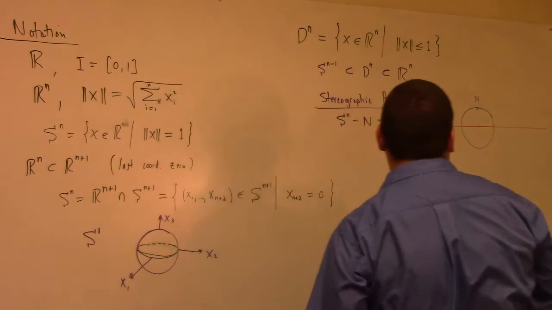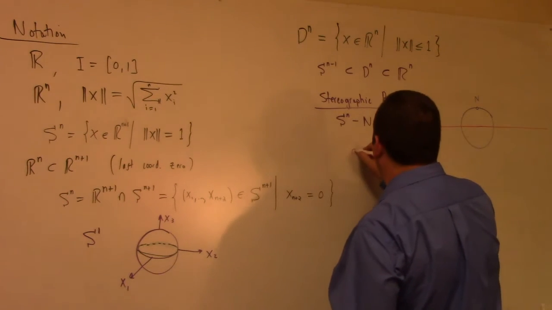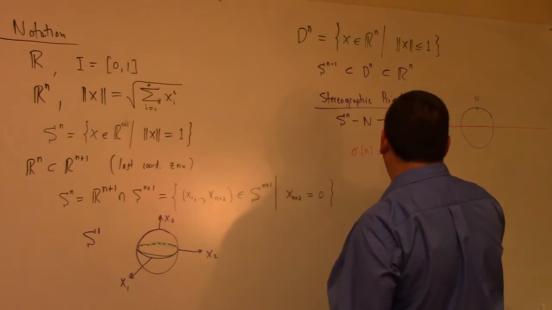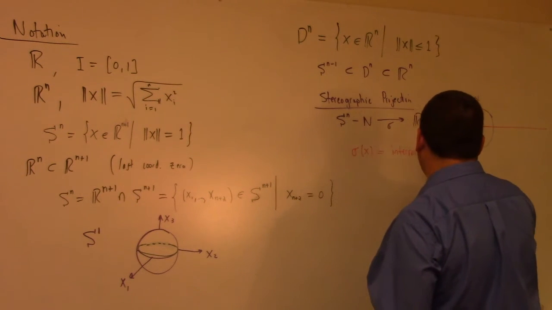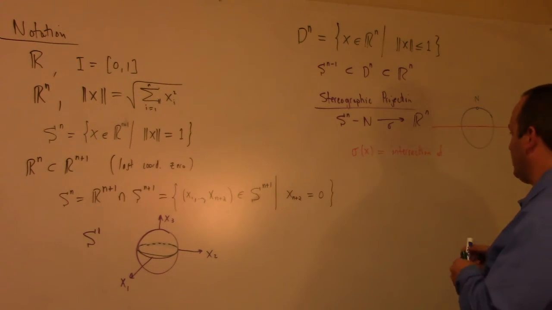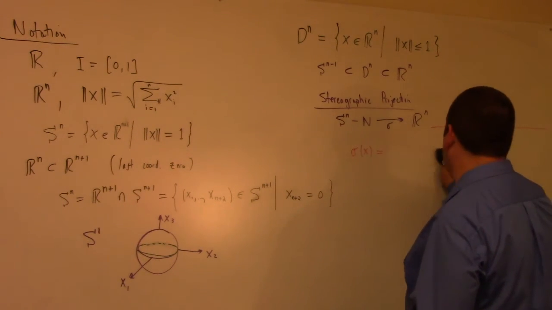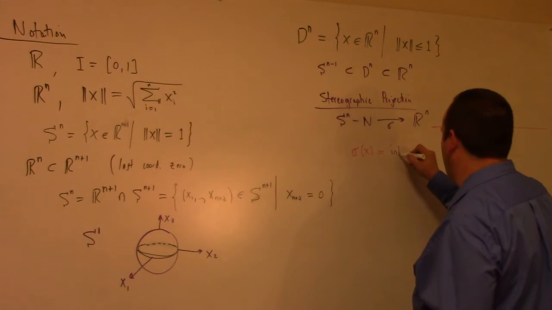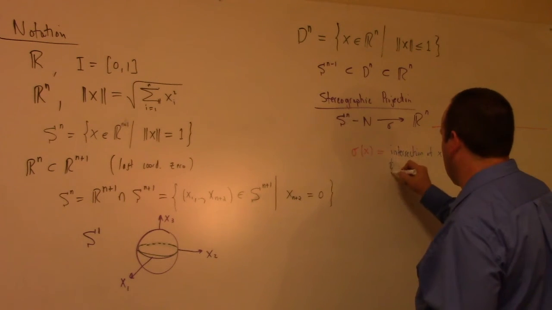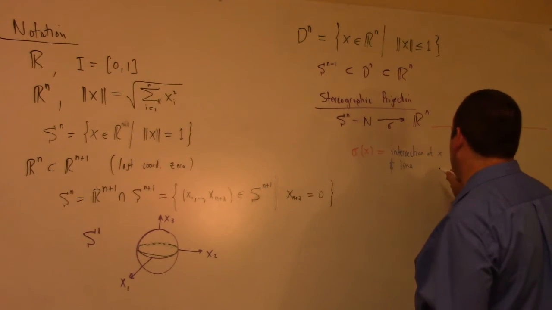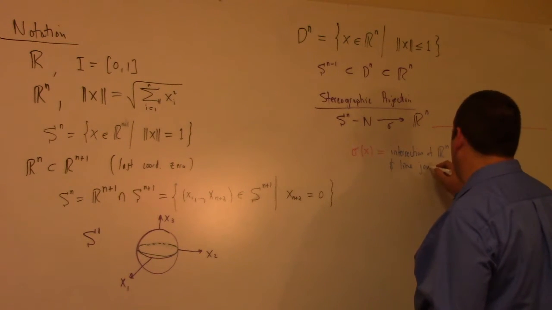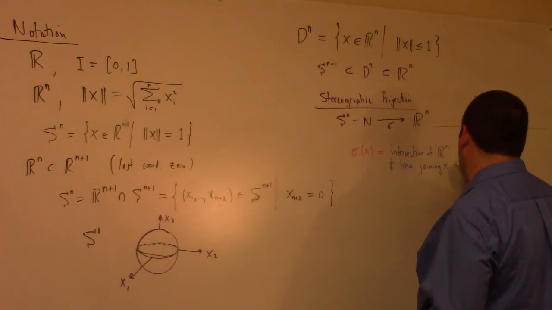What he's really saying is define sigma of x to be the intersection of Rn and the line joining x and n.